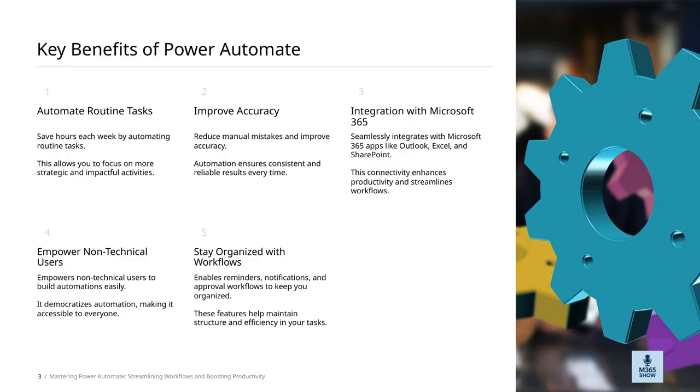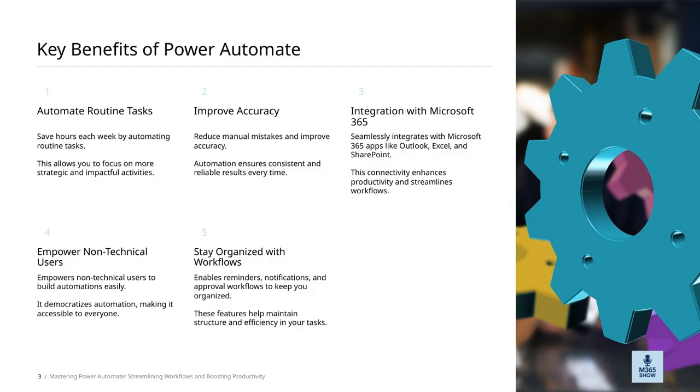Let's take a closer look at some of the key benefits of Power Automate. First, it enables reminders, notifications, and approval workflows that help keep you organized. These features are essential for maintaining structure and efficiency in your daily tasks, ensuring nothing falls through the cracks. Next, Power Automate empowers non-technical users to build automations easily.